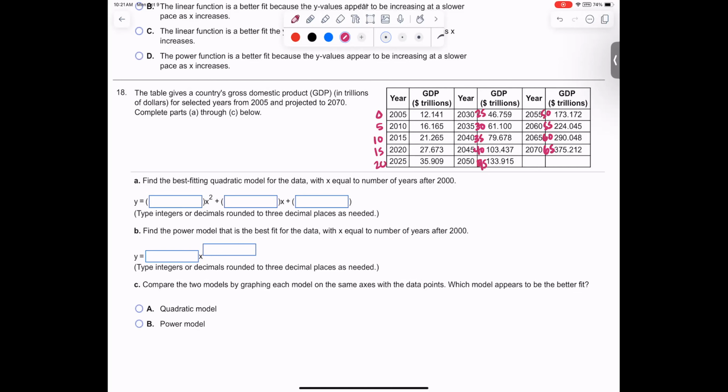So if I have everything in there correctly, I can go ahead and run my quadratic model and my power model.